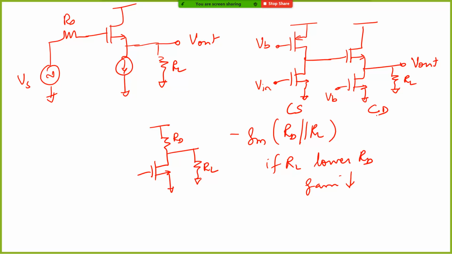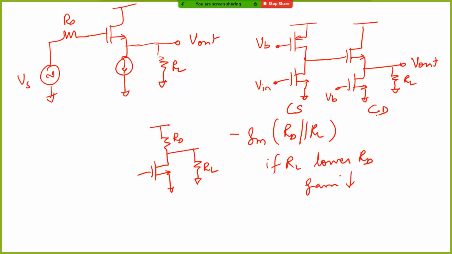Whenever you need to drive a resistive load, you have to use an output stage, and one of the most commonly used output stages is a common drain stage. Only when you need even larger power, you go for class AB amplifiers or class B push-pull amplifiers and so on.